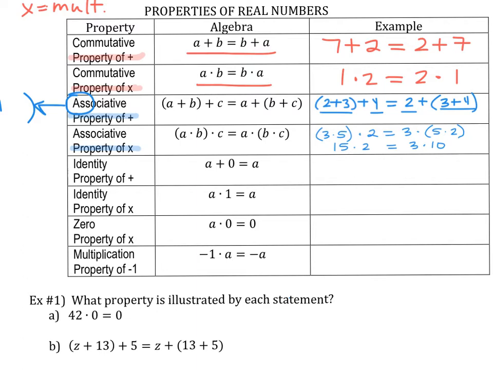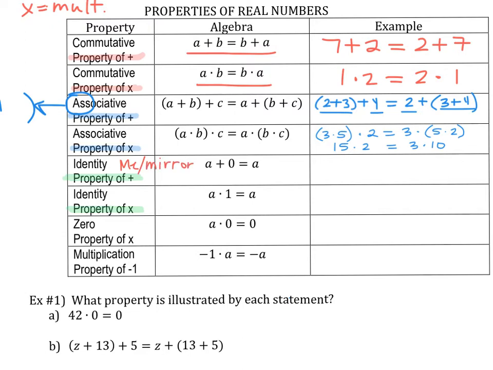Identity properties. For this one, I always say, this is the property of addition, this is the property of multiplication, but it's the same idea. This one looks different for addition and multiplication though, because you're doing something different. What I always tell people about the identity property is think of me or a mirror.